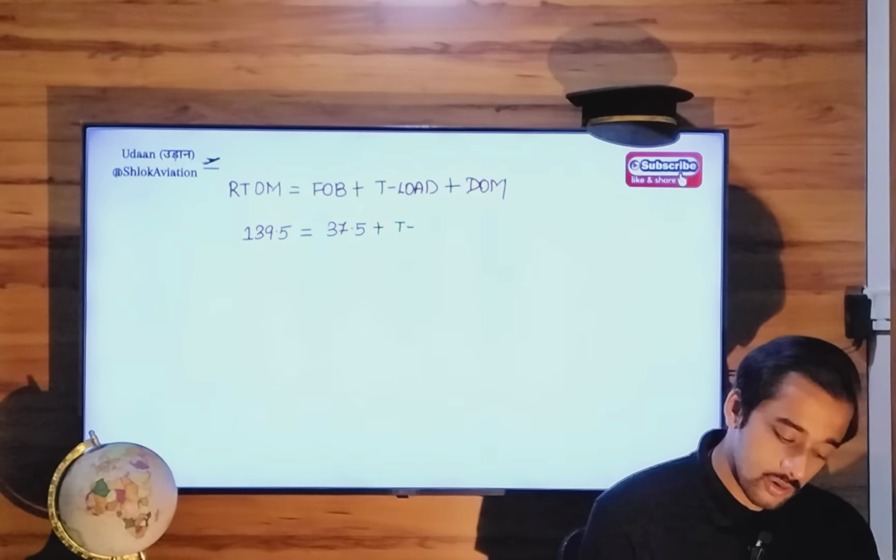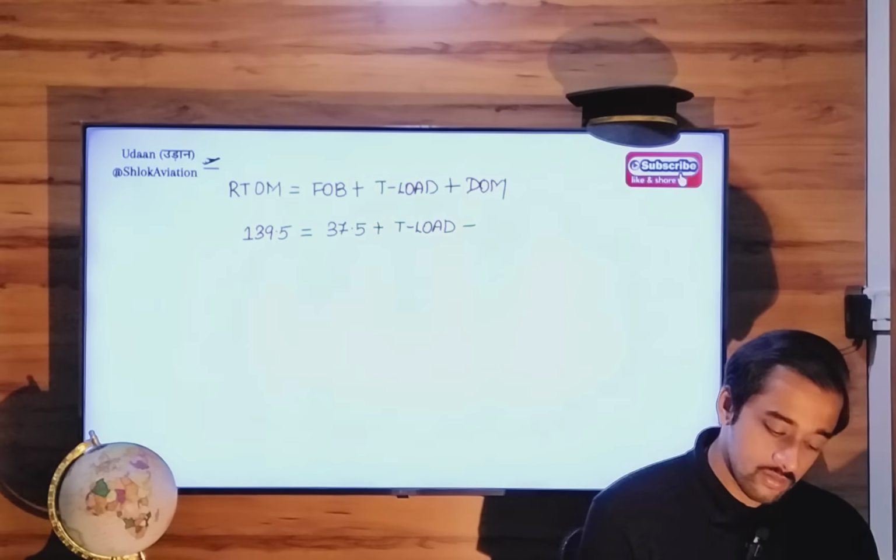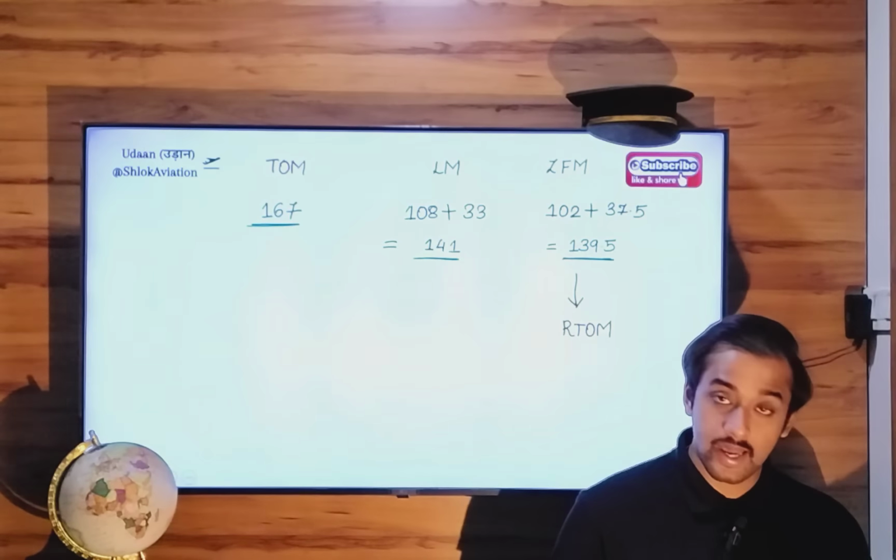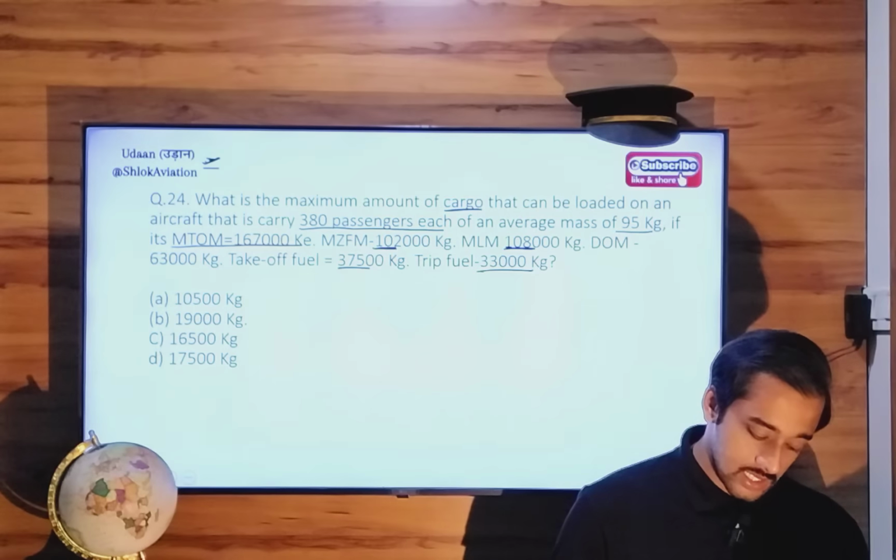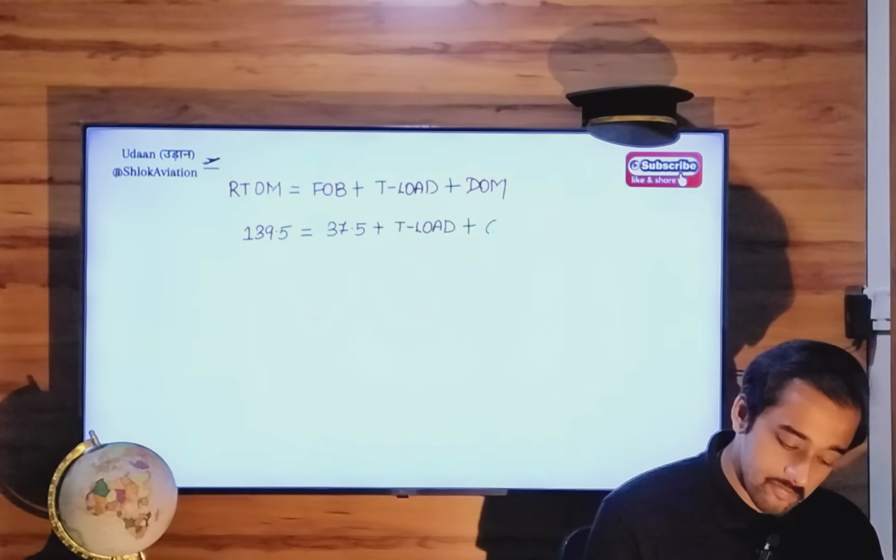Traffic load we will find out. DOM is given to you directly, 63,000, so 63.